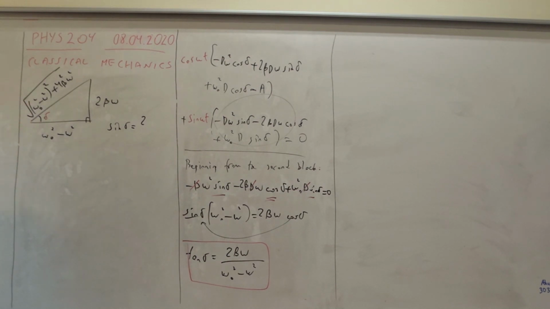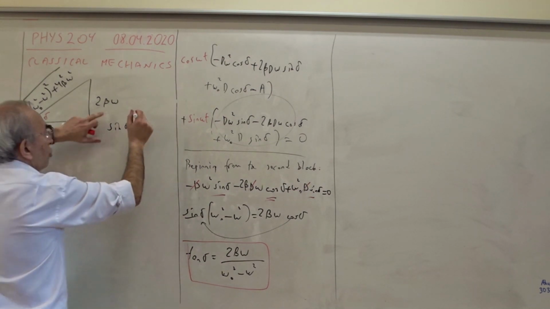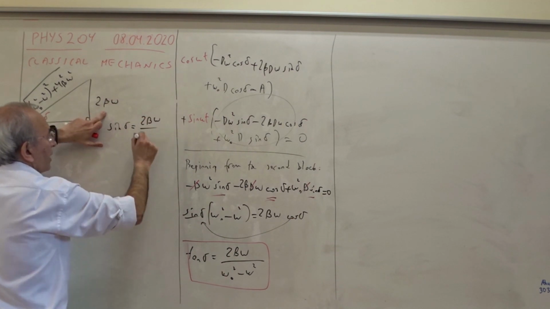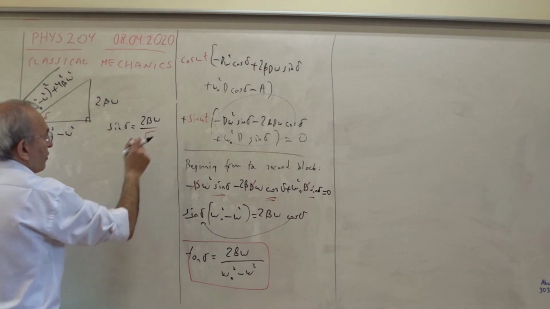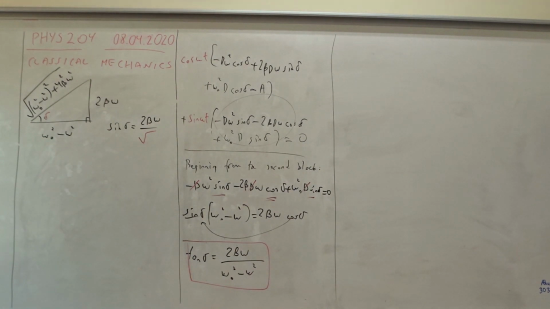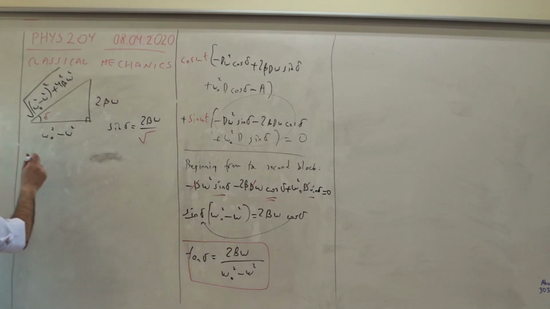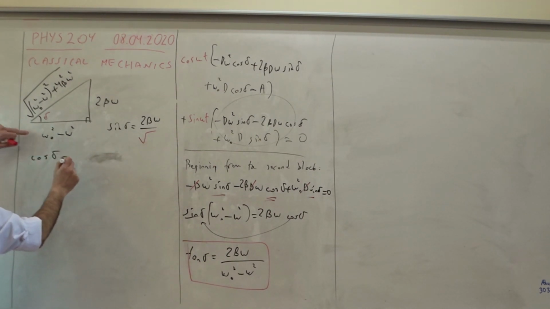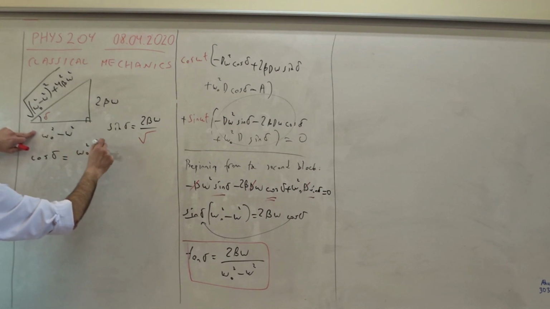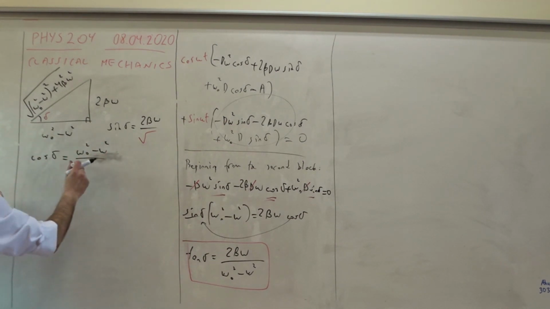Sine delta is 2 beta omega divided by the root. Let me show the root by this red square root. And of course, cosine delta is omega 0 squared minus omega squared over the hypotenuse, which is this square root.